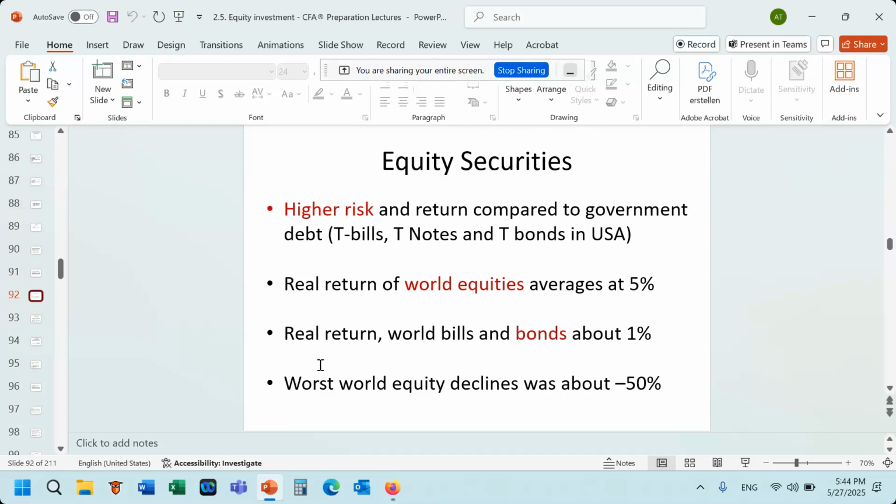In fact, we need some safe instrument for our financial operations. That's why even at times when Germany had no need for borrowing, because essentially it had more income from taxation and other sources than it was paying out, it would still issue some debt, because that debt is needed for the financial health of the economy.